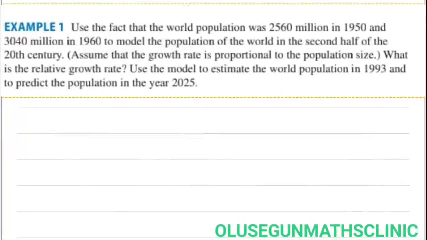So let's see an example. Let's read out this question. It said, use the fact that the world population was 2,560 million in 1950 and 3,040 million in 1960, so this is between 1950 and 1960, just 10 years, to model the population of the world in the second half of the 20th century. Assume that the growth rate is proportional to the population size. What is the relative growth rate?